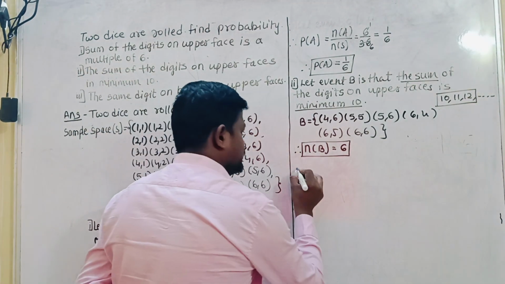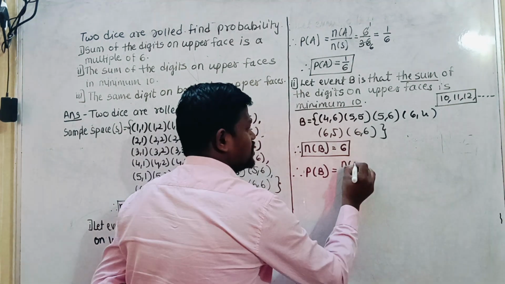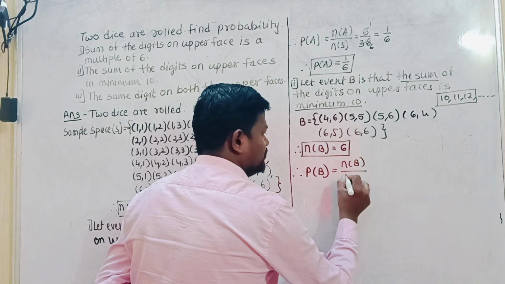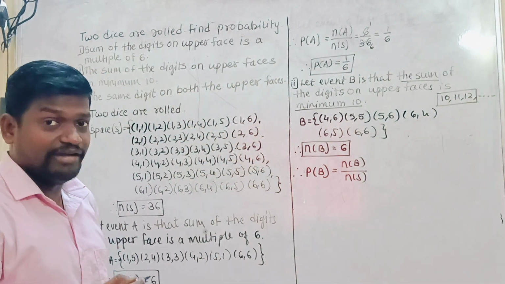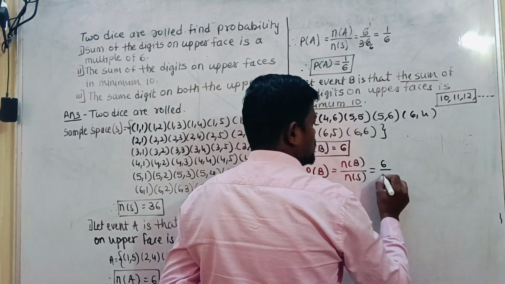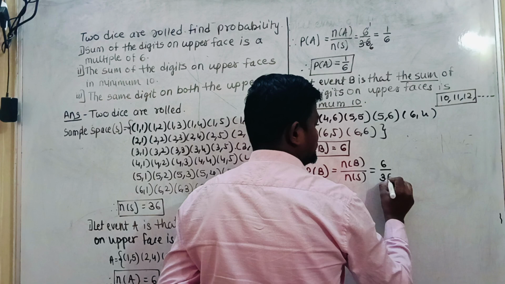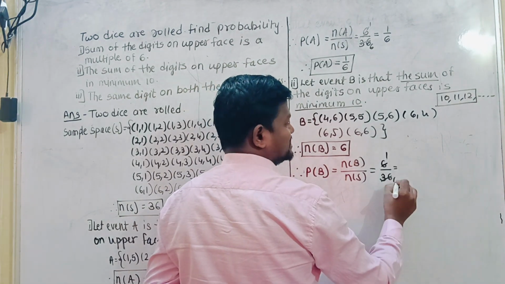Okay. So we have to write down our probability. So formula for probability of B is number of B, that is event, upon number of S. So number of B is 6 and number of S is 36. After dividing this, 6 ones are 6, 6 sixes are 36.